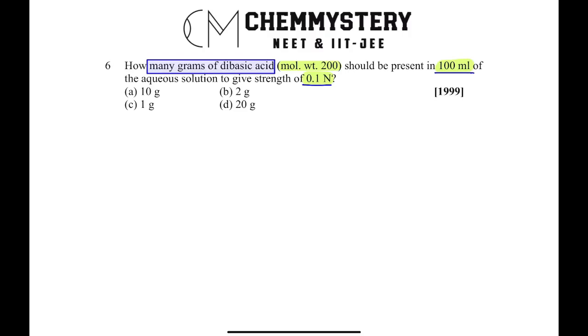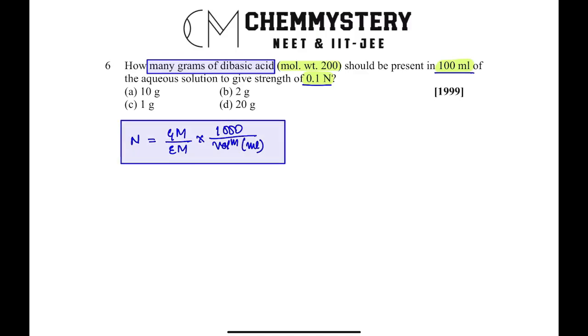Fine. So what is normality? Normality is given mass of the solute by equivalent mass of the solute into 1000 by volume of the solution in ml. Because I have taken in ml, that's why divided by 1000.